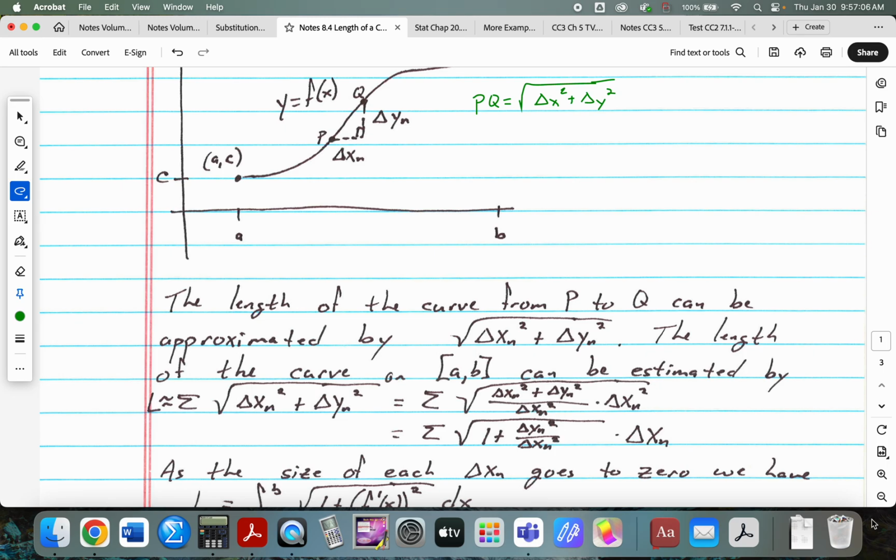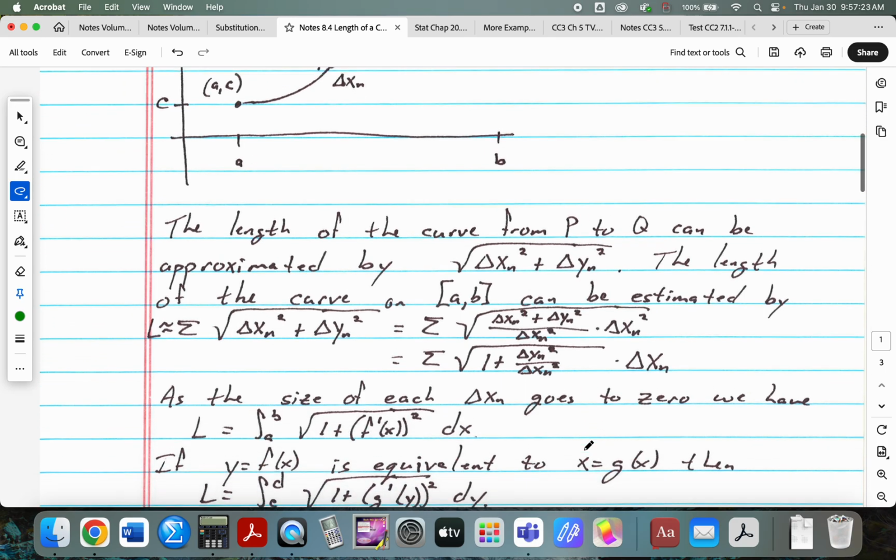Okay? So instead of taking a finite number of small pieces, now we're going to let delta x sub n go to 0. We're going to have infinitesimally small pieces. We end up with the integral from a to b of, notice this is delta y over delta x.